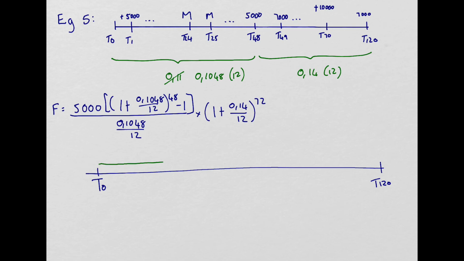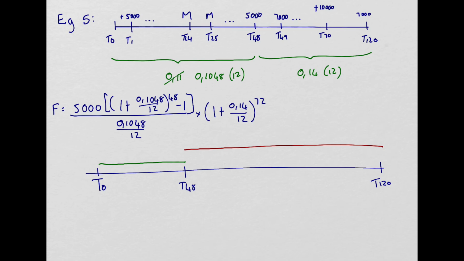Okay, so the 5,000s go until T48. Then what happens is she then starts with her 7,000s. So the 7,000s I'm doing in red, and the 7,000s go all the way to the end of the period. Okay. And we're gonna deal with that 24th and 25th payment shortly.